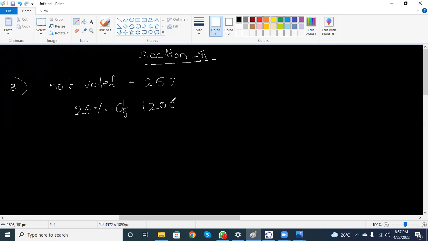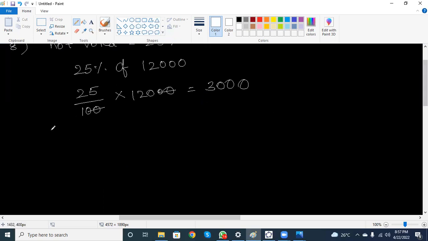If you remove the percent symbol, you will get 100. Of means into 12,000. 2 zeros, 2 zeros get cancelled. 25 12s are 300 and 1 zero. So 3,000. 3,000 voters did not vote.